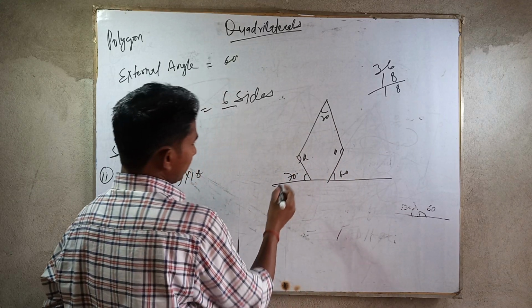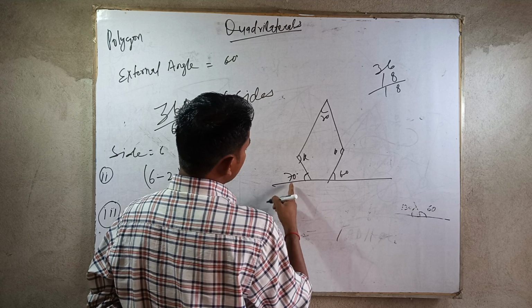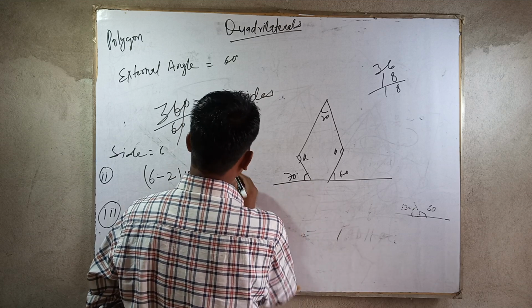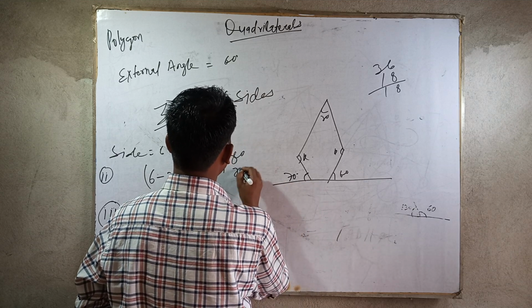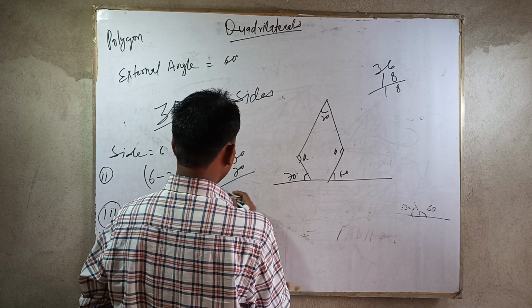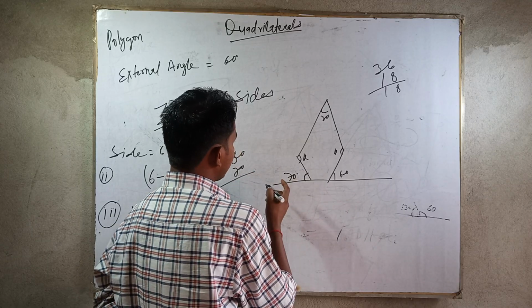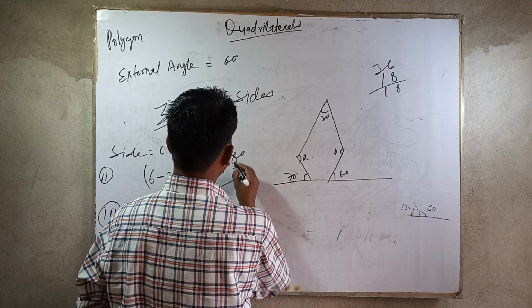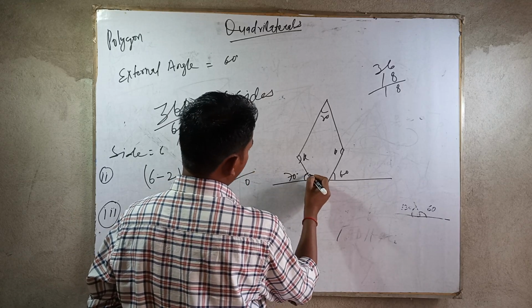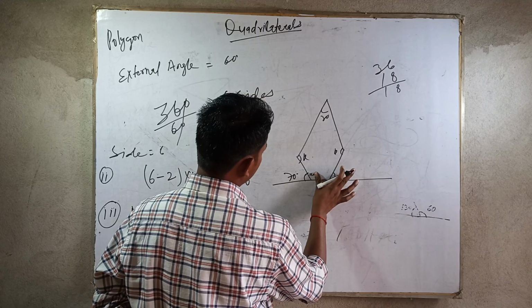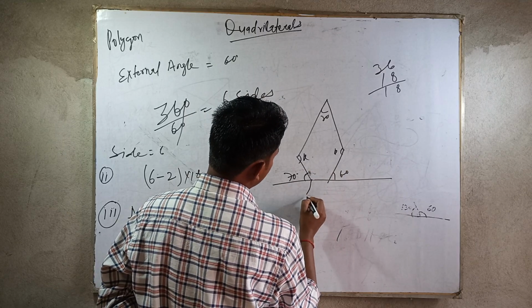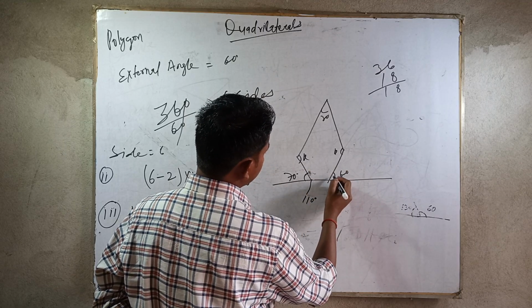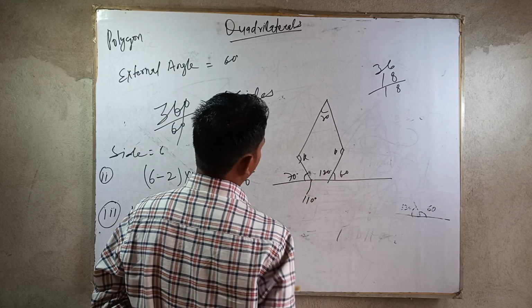So I know that if this one is given as 70 degrees, then it will be 180 minus 70, which equals 110. And this is 60, so its external value is 120.